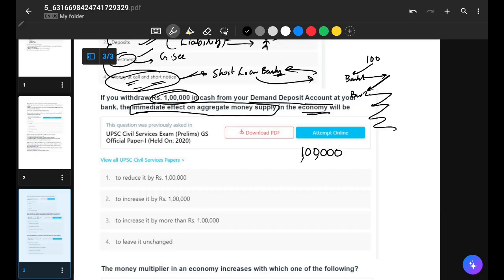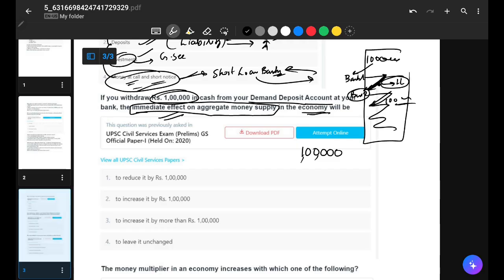Here, if the borrower takes 1 lakh rupees from the demand deposit account, they're asking what is the immediate effect. Like at this point of time, let's say he withdraws 1 lakh over here, and he doesn't deposit to bank 2. They're asking for this immediate effect.